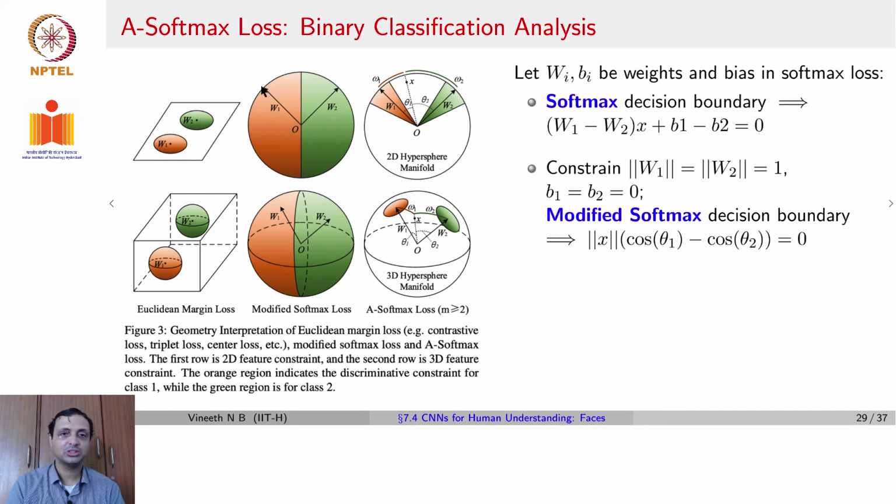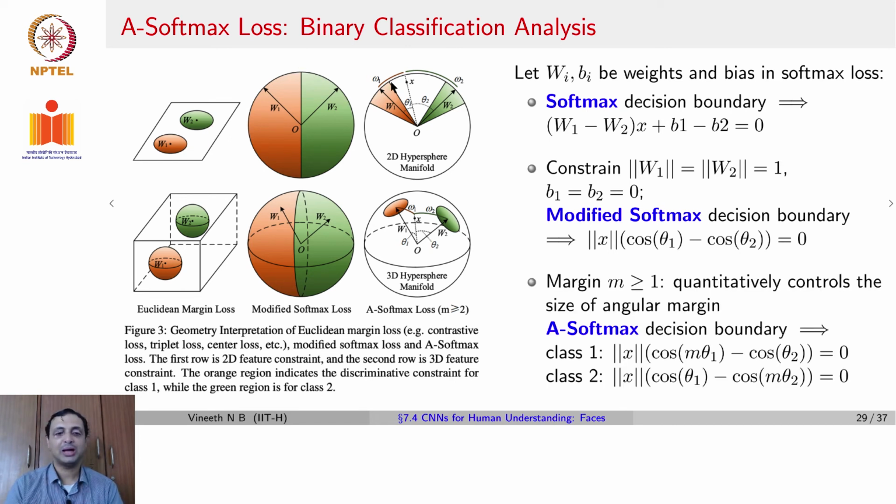Your points belonging to positive classes lie on one side of the ball, and your points belonging to the negative class lie on the other side of the ball. This is a little bit better because in the previous softmax approach, you don't know where these two balls may overlap with each other. You're now trying to ensure that these go on different sides of the same ball. But we still have a problem with modified softmax at these points which are close to each other where the classes meet in the ball.